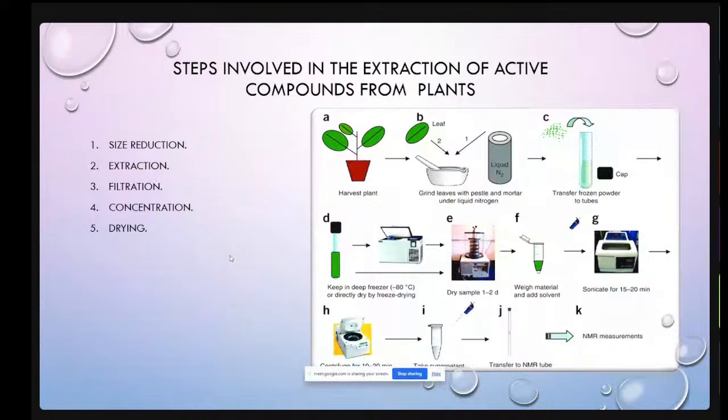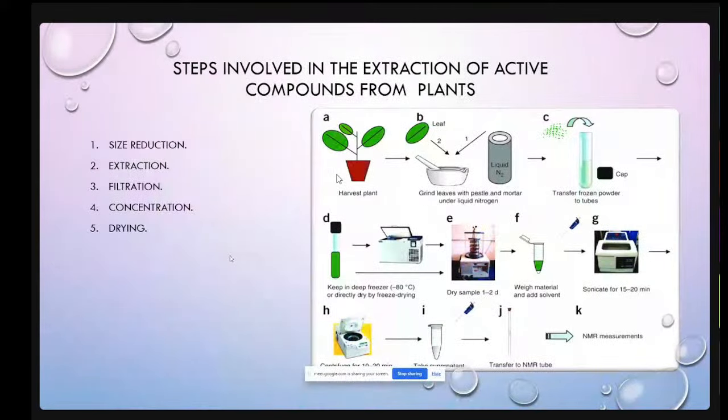Now we will go to the steps involved in the extraction of active components from the plant materials. As we can see on this screen, we will start with the harvesting of the plant. Then we have to dry the leaves, for example, either by air drying, oven drying, or liquid nitrogen drying.